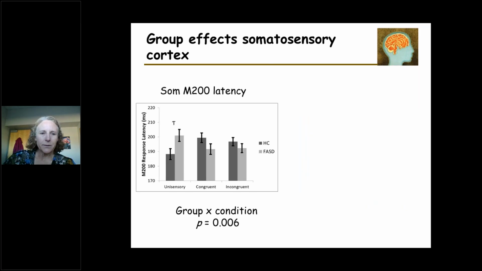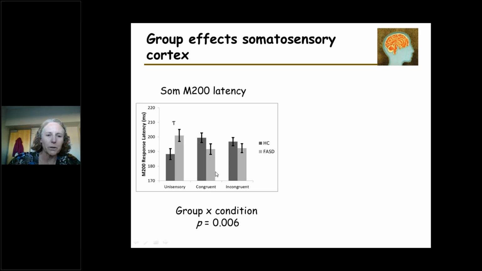So with the somatosensory, we do have a group by condition interaction, which was significant. And what we see in this condition is that the latency for the unisensory response was delayed in the kids with FASD. And this is consistent with just the general idea that information processing is slow in individuals who have been exposed to alcohol prenatally.